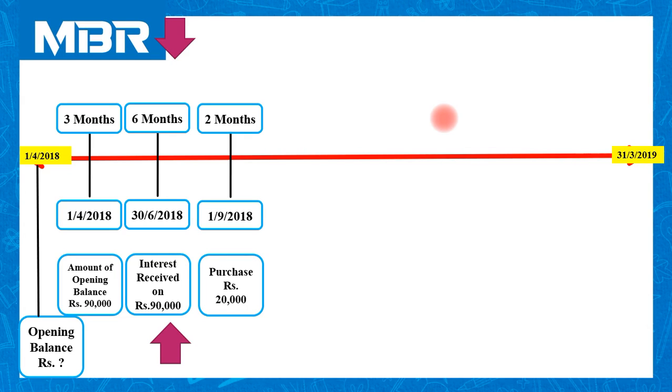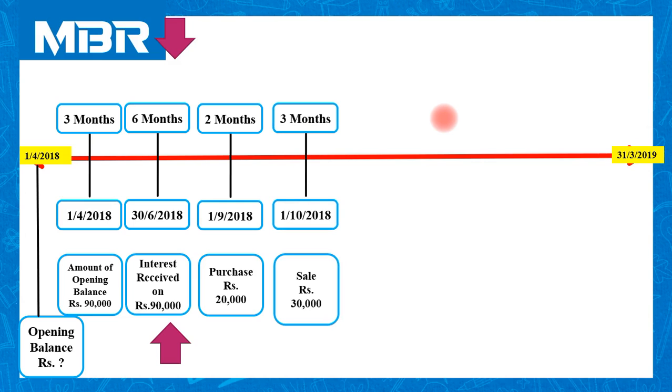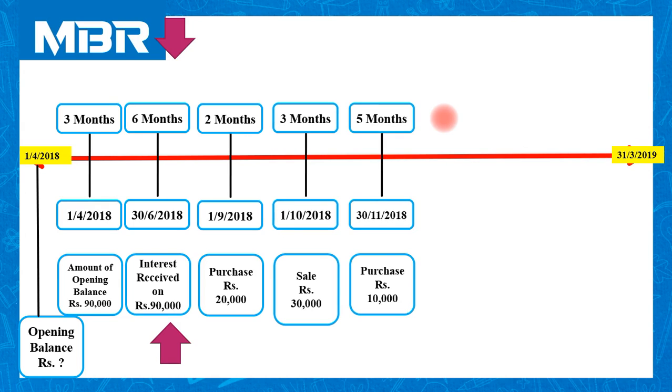1st September 2018, we have purchased for rupees 20,000 and the period of accrual is 2 months, because now we need to start our calculation from June 30 that we have discussed earlier. 1st October 2018, sell 30,000, period involved for the calculation 3 months.